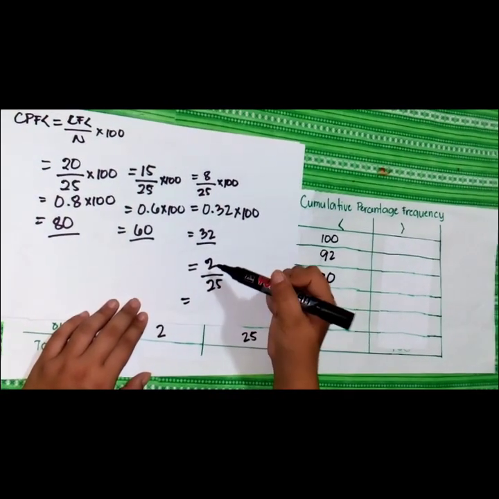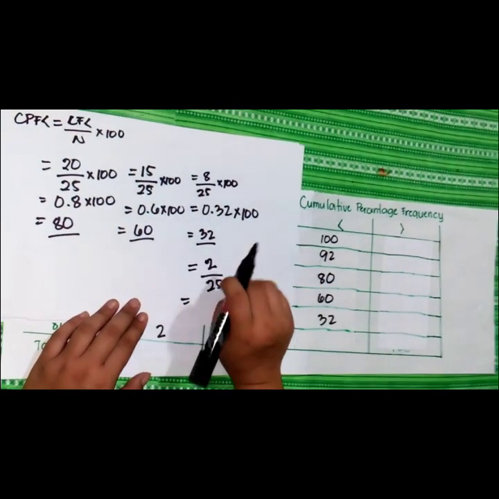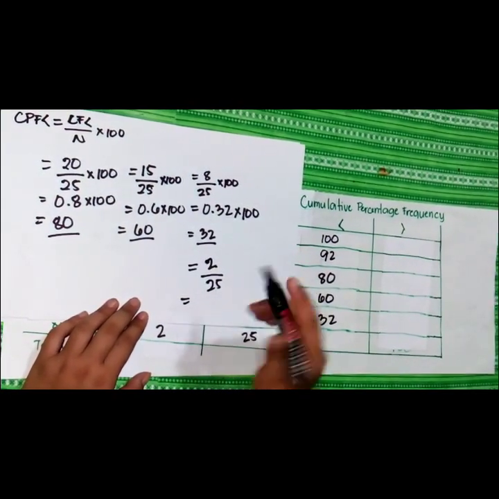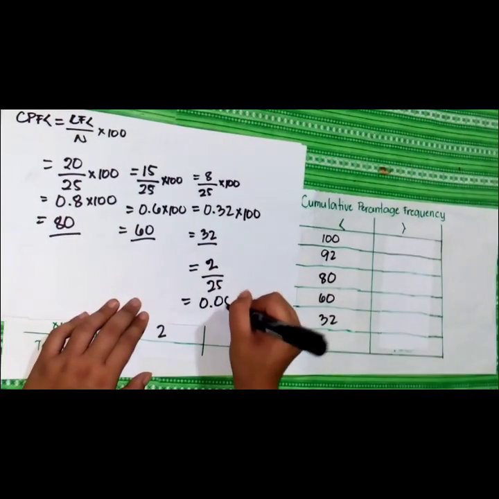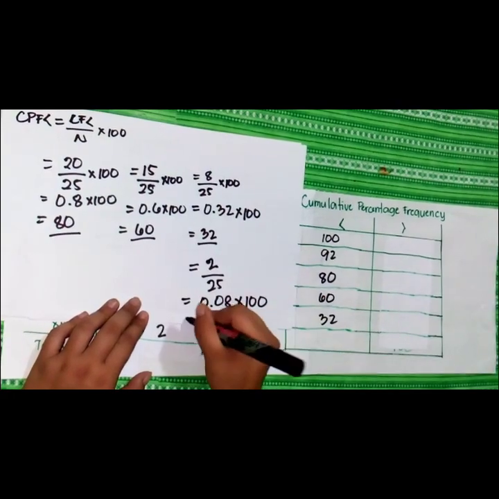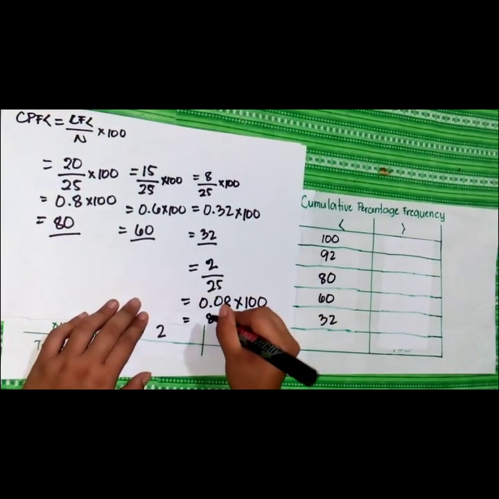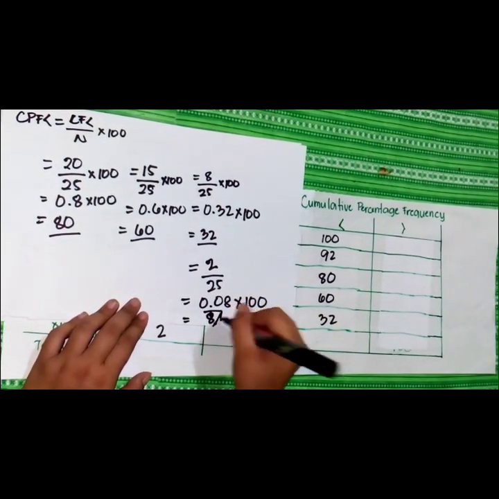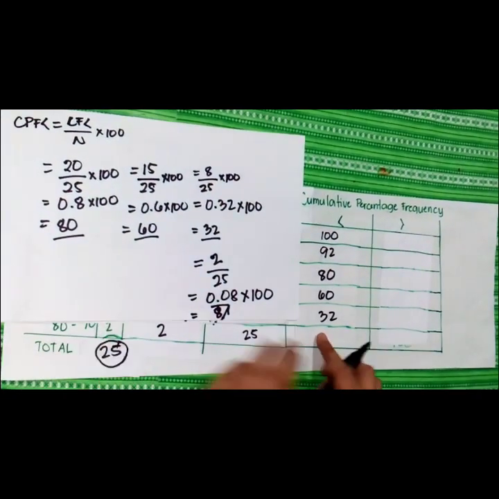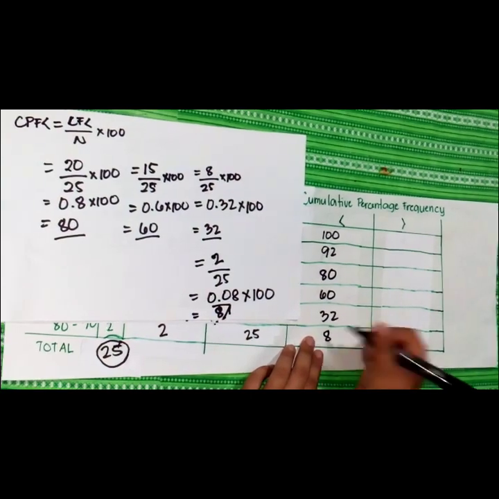So 2 divided by the number of cases 25 is equals to 0.08. And 0.08 times 100 is equals to 8. And that is how to find cumulative percentage frequency lesser than. So we will write 8 here.